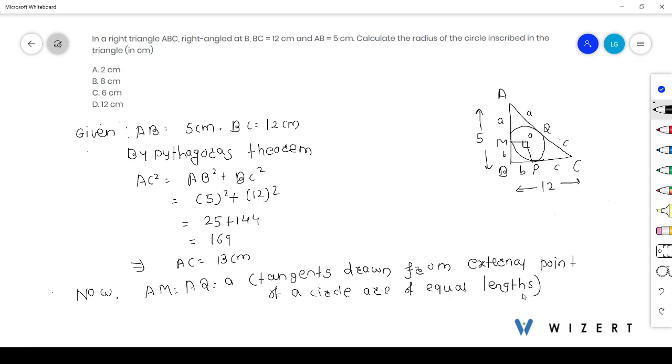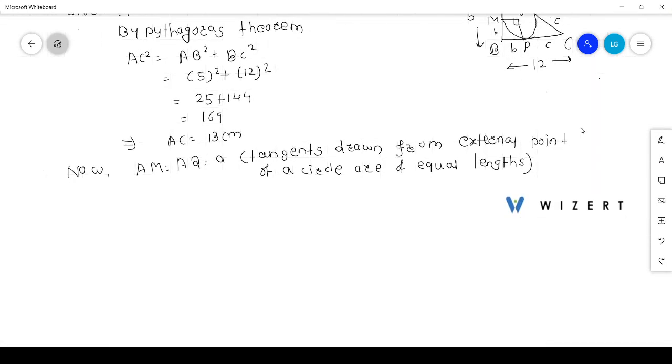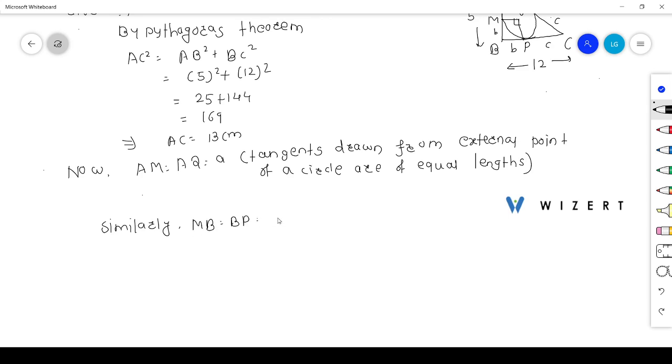So similarly here, MB equals BP equals B, and CQ equals PC equals this length C.